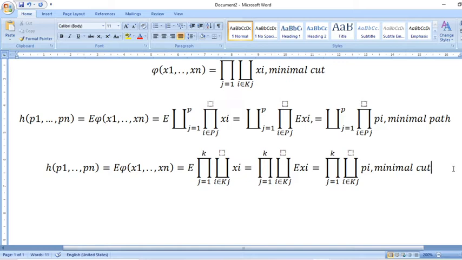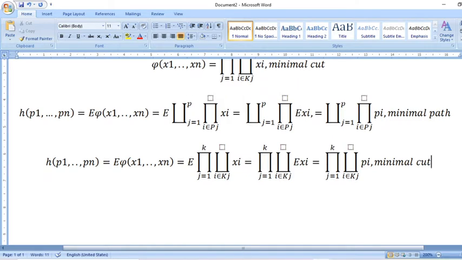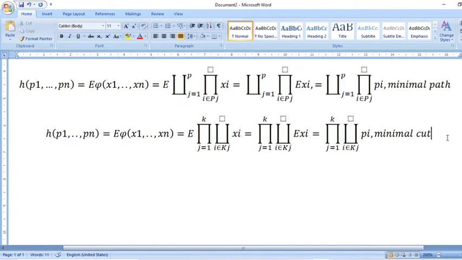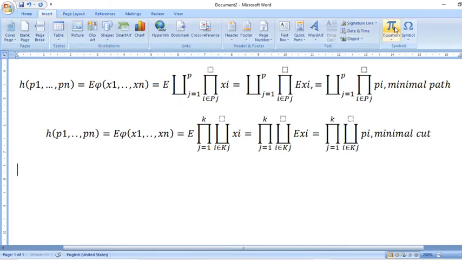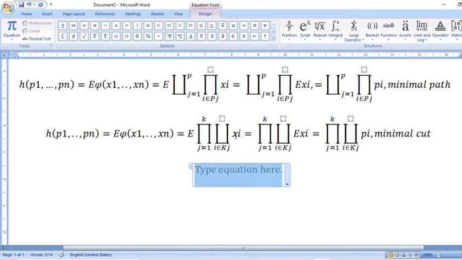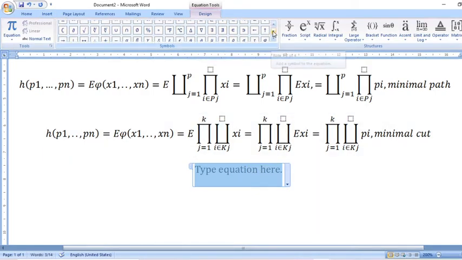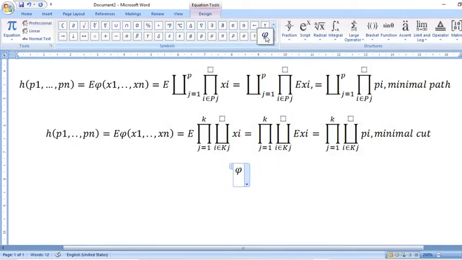You can consider that example, so you will be able to understand the concept in detail. Let us take a structure function, like a bridge system. There are 5 components: x1, x2, x3, x4, x5.